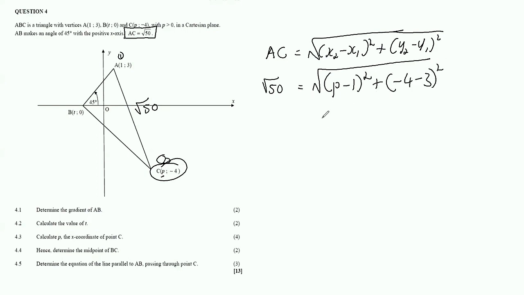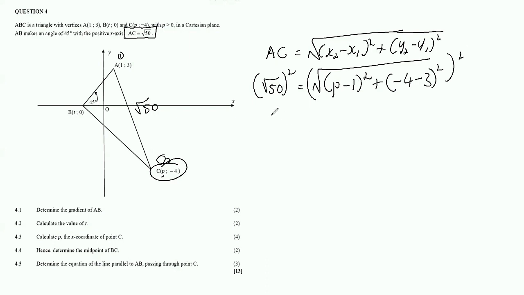Okay, now at this point, we can see that what will hinder us from calculating is the fact that we have this in surd form. So we're going to square both sides so that we get rid of that square root. If we square both sides, these are the results.